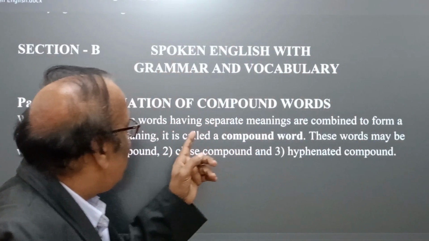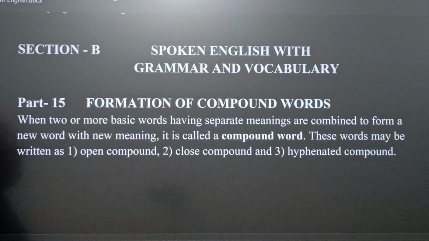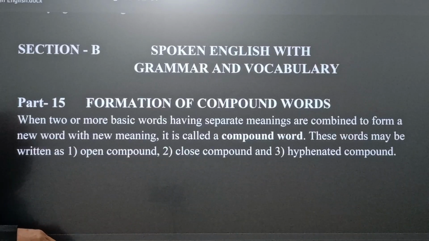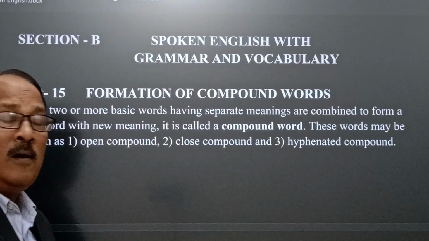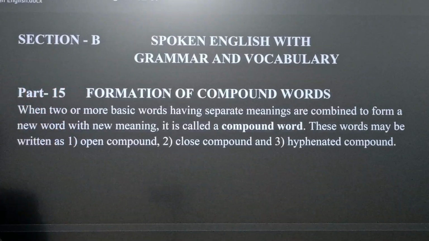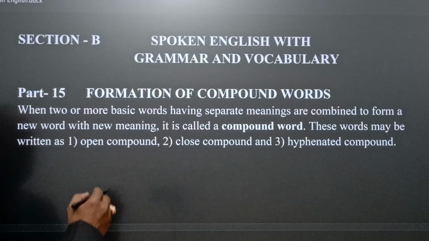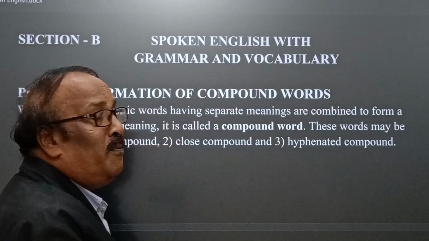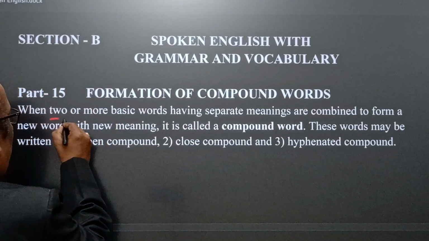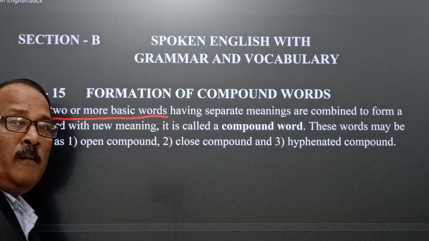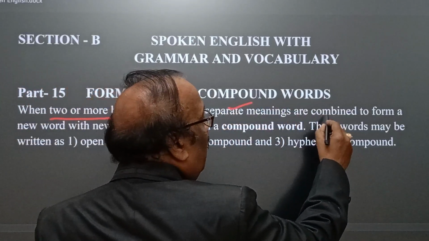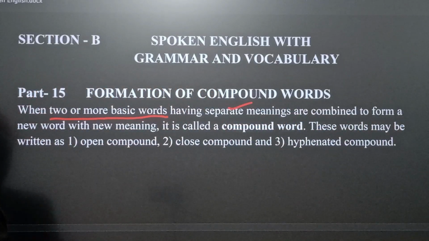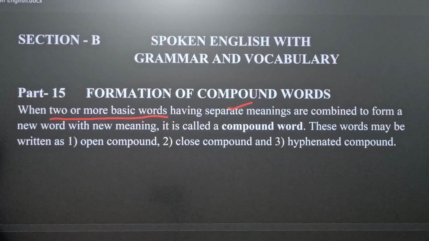Today's discussion is based on the formation of compound words, how compound words are formed. When two or more basic words having separate meanings are combined to form a new word with a new meaning, it is called a compound word.